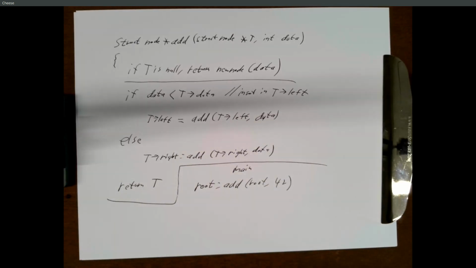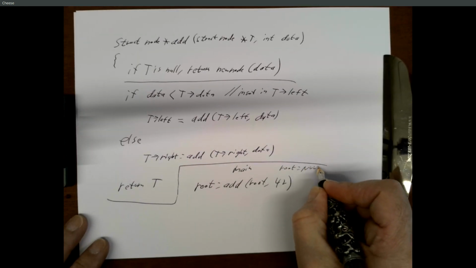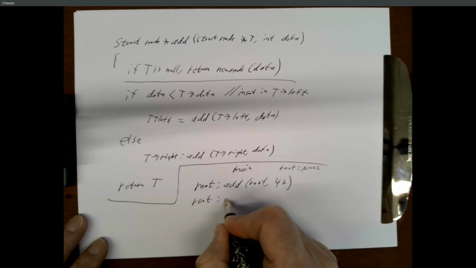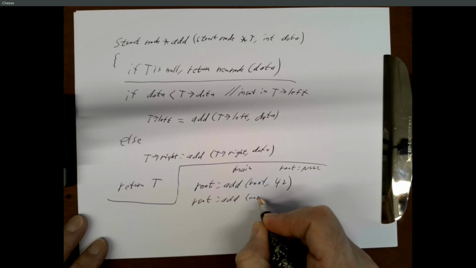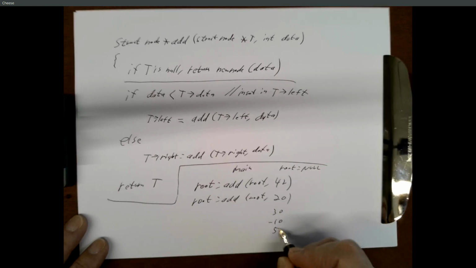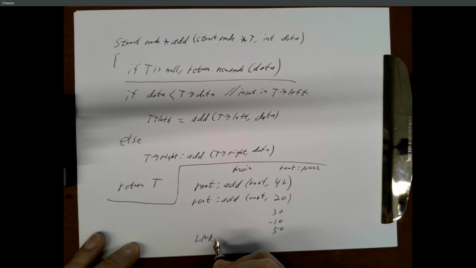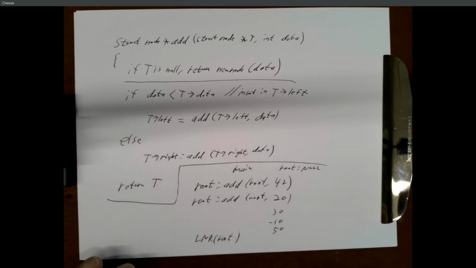That should add a 42 to your tree. If you want, you can start off with root equals null. Alright, you can add a bunch of things and then call your traversal code. And it should show your data in increasing order.